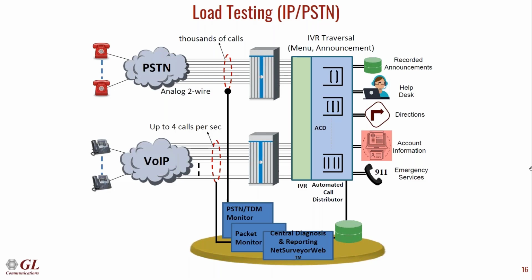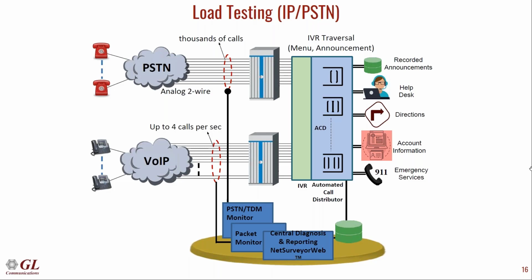And then not only can you run these tests, but you can also analyze all the audio and the call control, so that, for instance, metrics that would be returned would include call failures, call drops, path confirmation, voice quality, delay measurements, things like that, and also IVR testing.